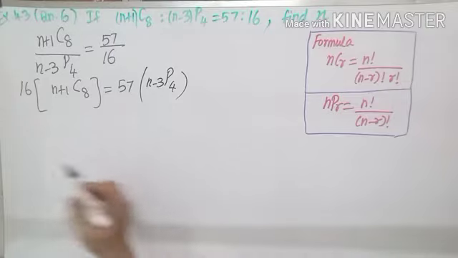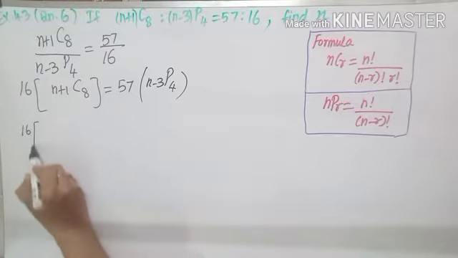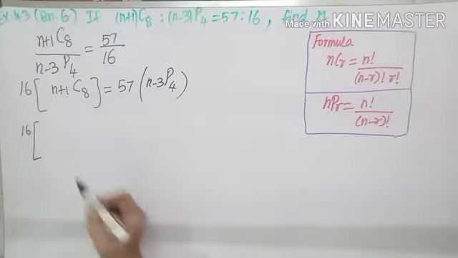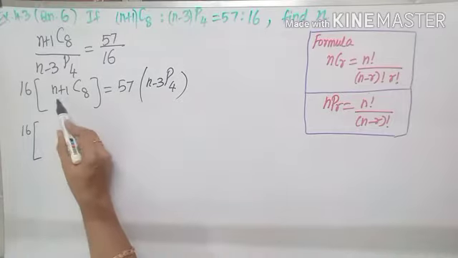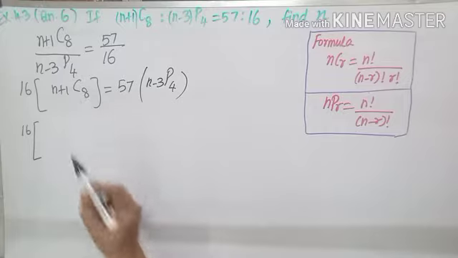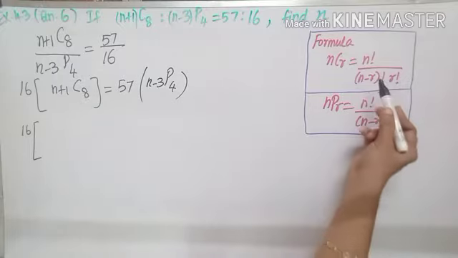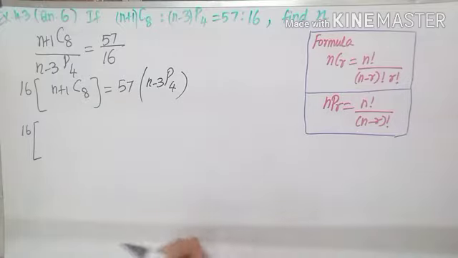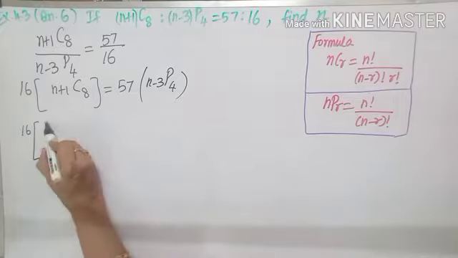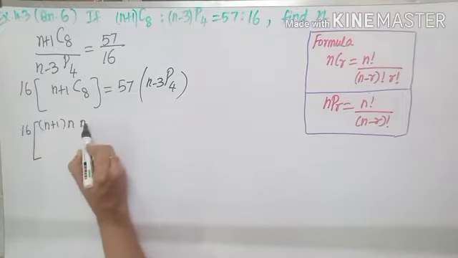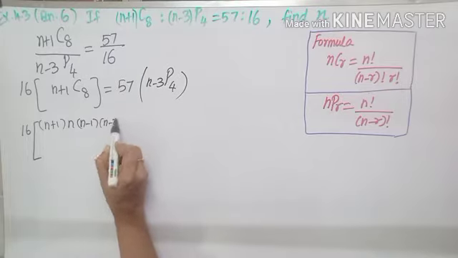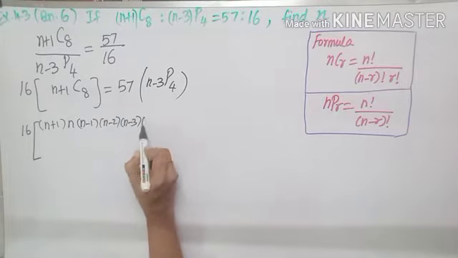Applying this formula, it is 16 into (n plus 1)C8. How do we write it? 8 terms I must write. Either I can use the factorial formula, or remember n plus 1, then the previous number n, n minus 1, n minus 2, n minus 3, and so on.